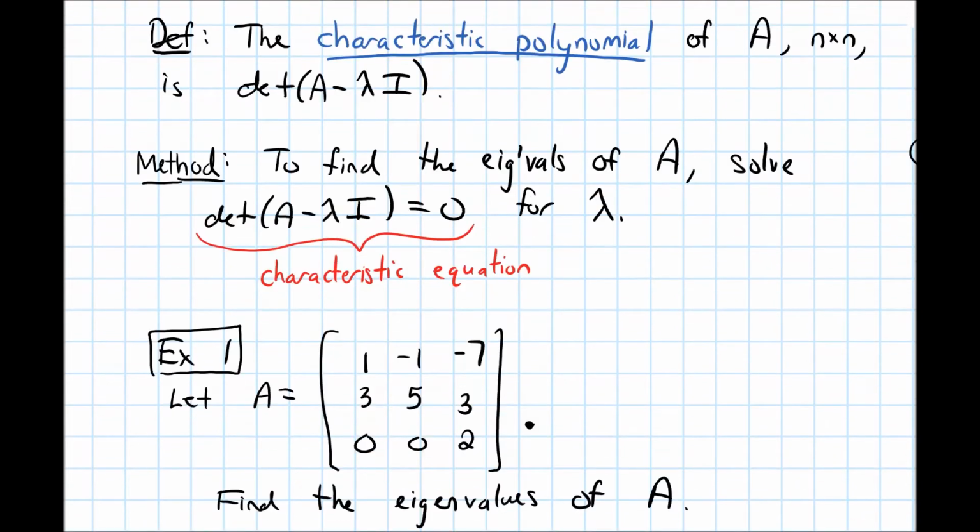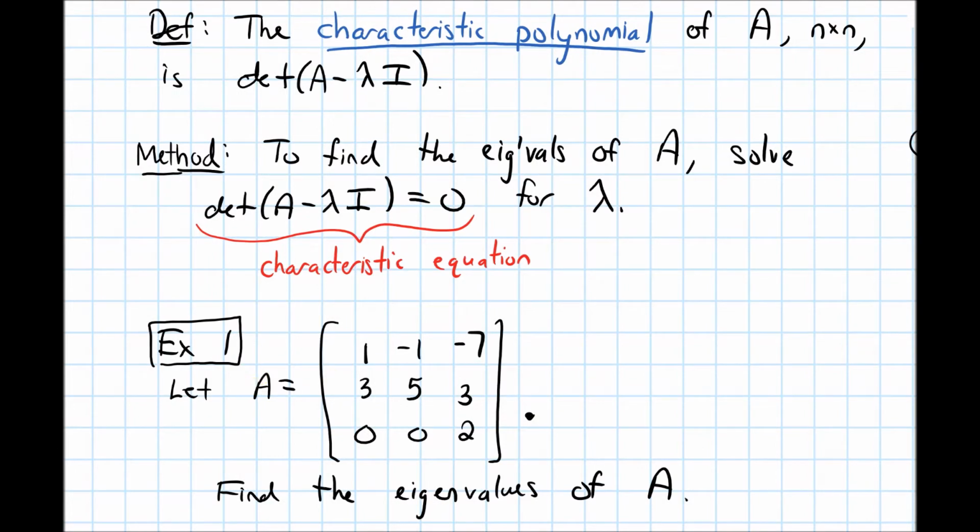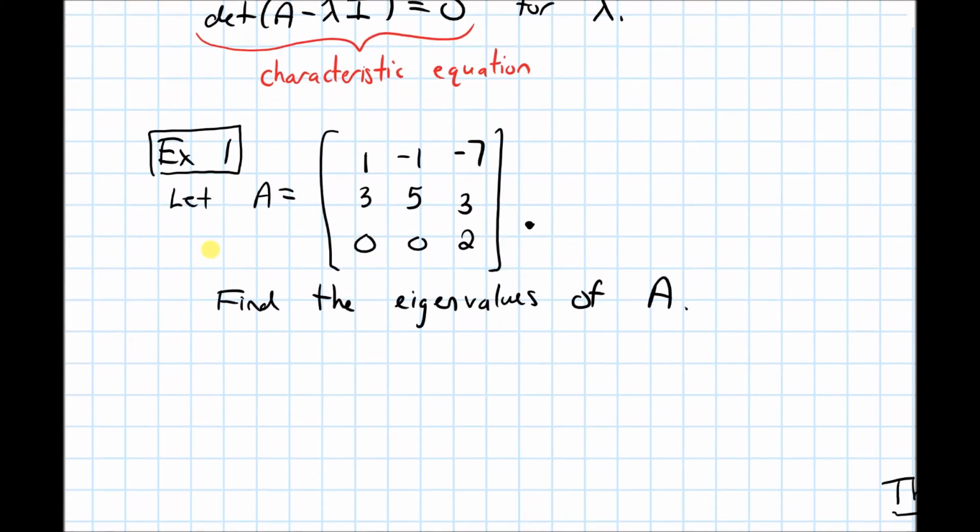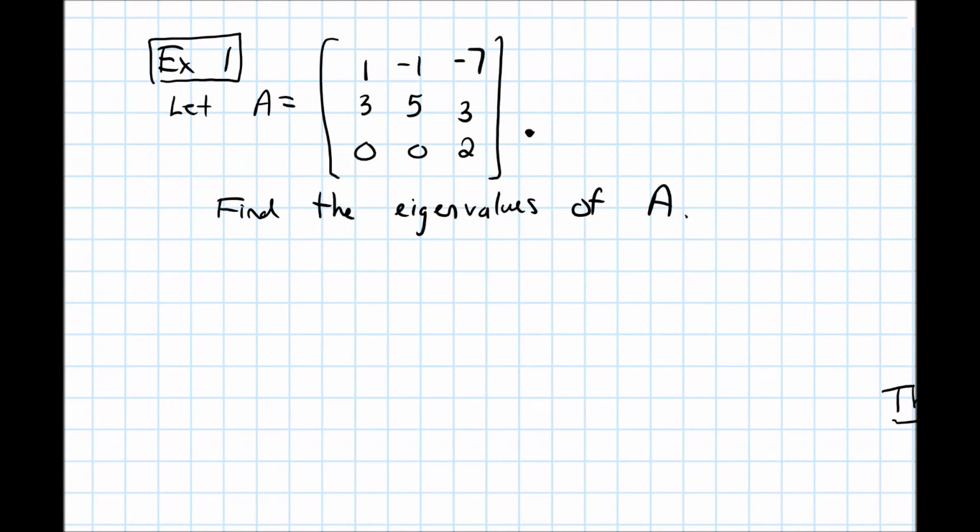Okay, so let's suppose that A is the following matrix, and I want to find the eigenvalues of A. To find the eigenvalues using my characteristic equation, the first thing I need to do is write down A minus lambda I, because then I will take the determinant of it in the next step.